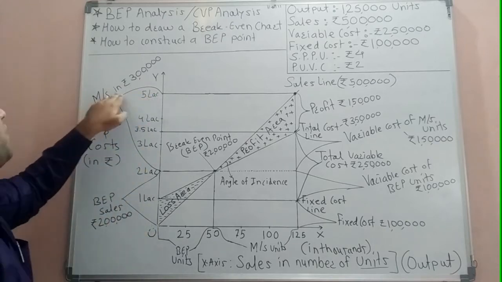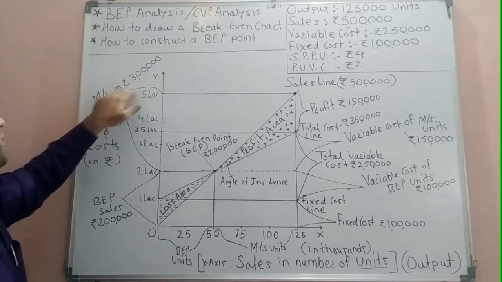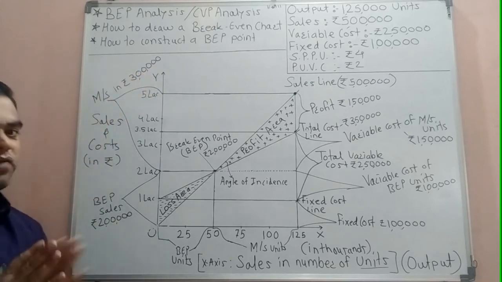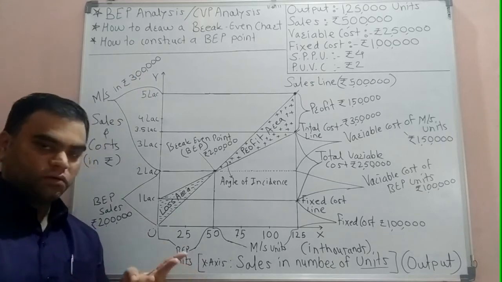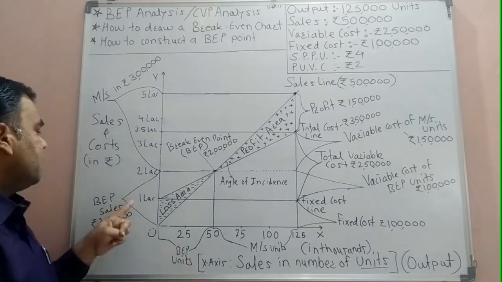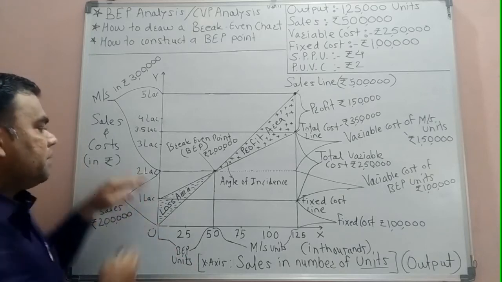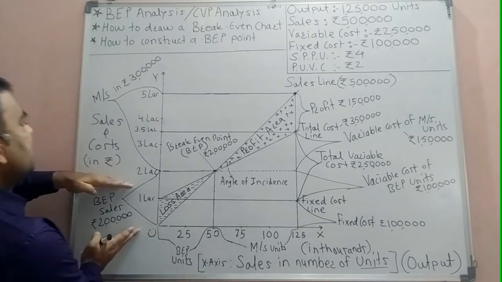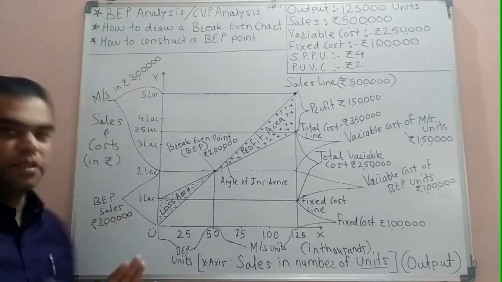That remaining part will be called margin of safety. Margin of safety in rupees is rupees 3 lakh. Sales we can separate into two parts. The first part is BEP sales, and if we deduct BEP sales from total sales, what remains is the second part, known as margin of safety.